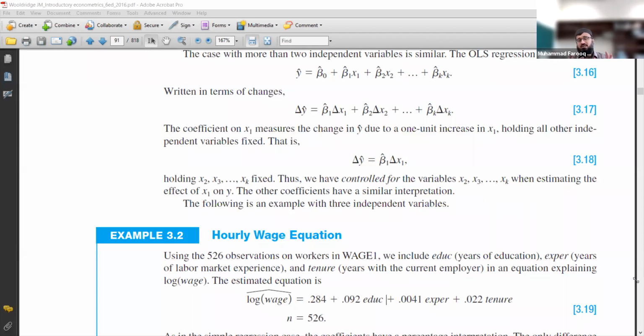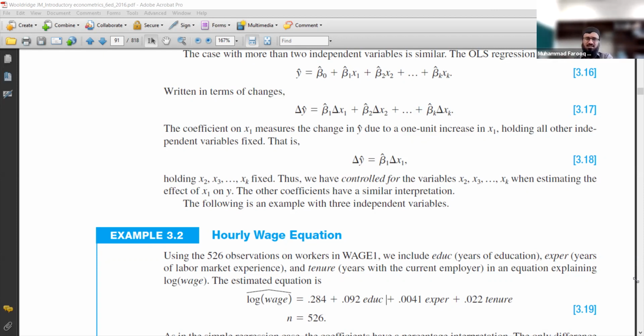So I can interpret it in two ways. I can interpret it either as I said initially, a 1 unit increase in education, keeping these two variables fixed, is associated with a 0.092 unit increase in predicted log wage. Or I can say a 1 unit increase in education, keeping those two fixed, is associated with a 9.2% increase in wage, right?